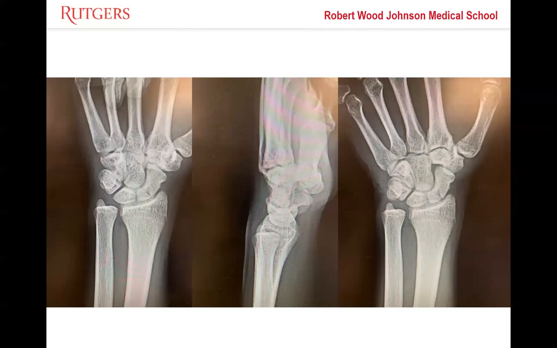All right, give me a show of hands. Who wants to get a CAT scan here? Anybody want to get a CAT scan? Anybody want to get an MRI? Why? What are you looking for?